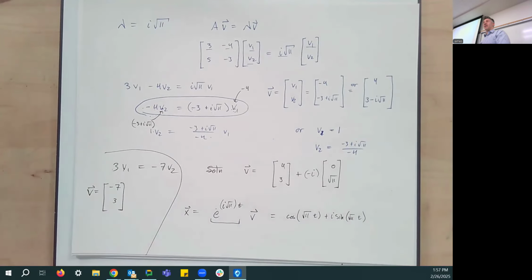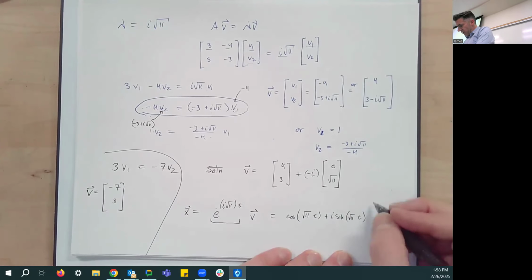And there isn't any e to the 2t out in front getting larger or smaller. That's why this is a neutral spiral that just keeps going around and around in the same circle, because you don't get bigger values of x and y or smaller values of x and y. And then you still have the vector v here.